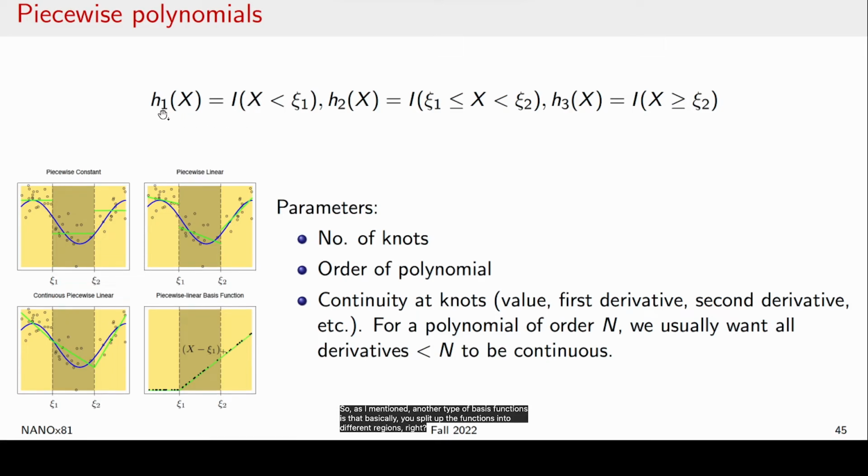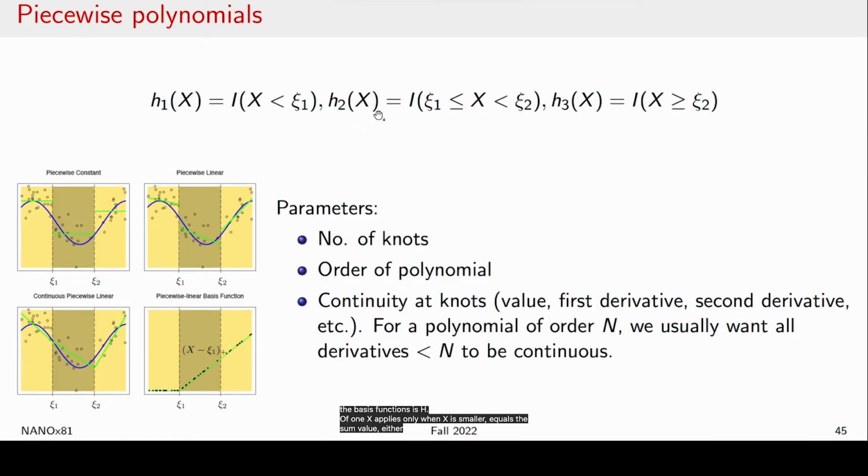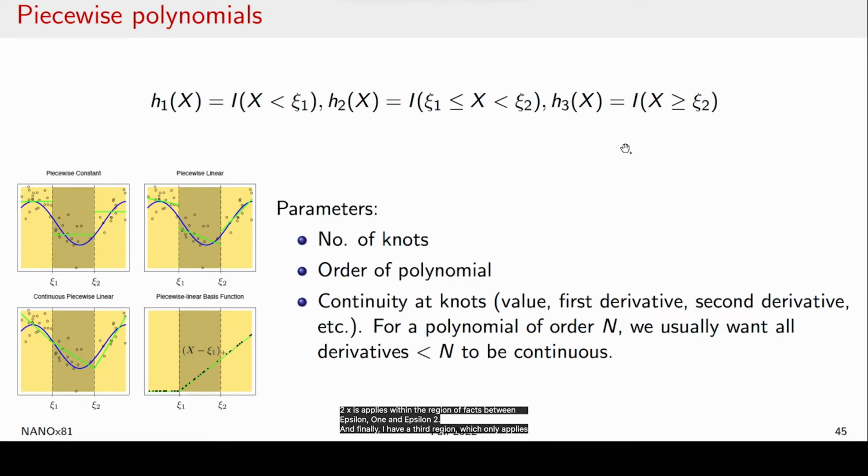For example, one of the basis functions, h1(x), applies only when x is smaller or equal to some value epsilon 1. The other basis function, h2(x), applies within the region of x between epsilon 1 and epsilon 2. And finally, I have a third region which only applies when x is larger than epsilon 2.